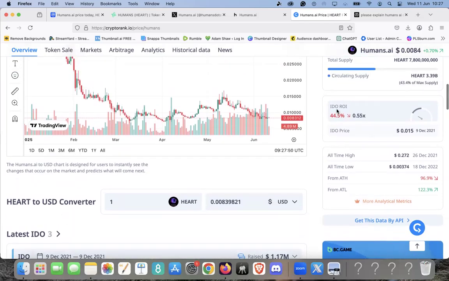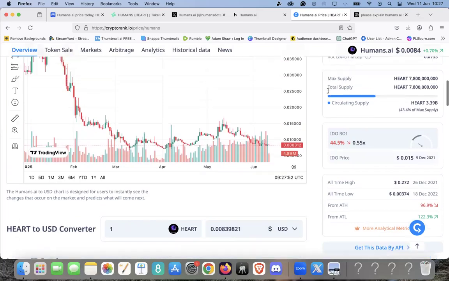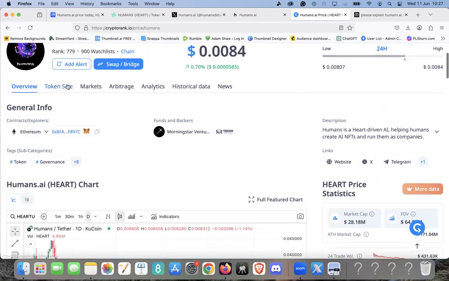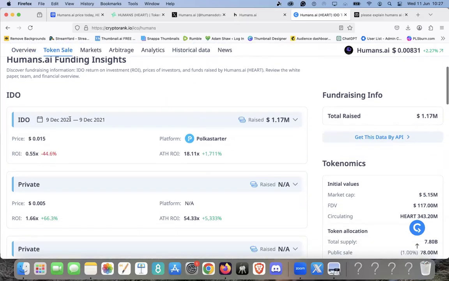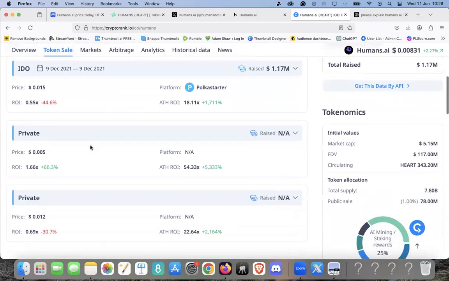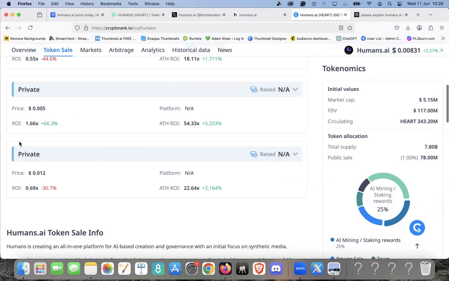Now, this is the point, the IDO, and we'll find this here. We'll get more information when we go on token sale. And here we find the IDO. So the early stage investors, let's look at the private rounds. So these on the private rounds got in at 0.012, and they're sitting on a 30% loss.